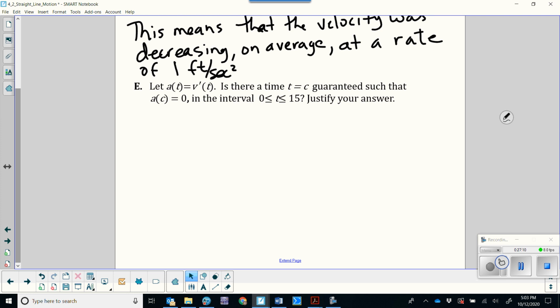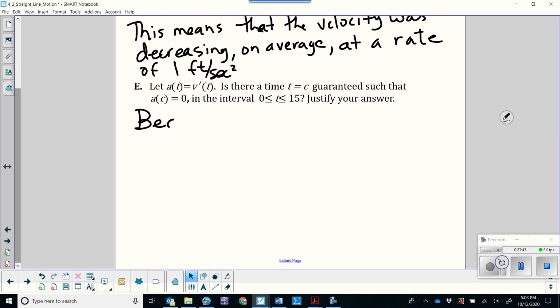Well, if we look at answers that we've already found, for example, we found that the average velocity from 7 to 10 was 2/3, and we just found that from 10 to 12 was -1. So therefore, somewhere in there, there must be a point where we can get 0, because we're getting a positive number and a negative number, okay?